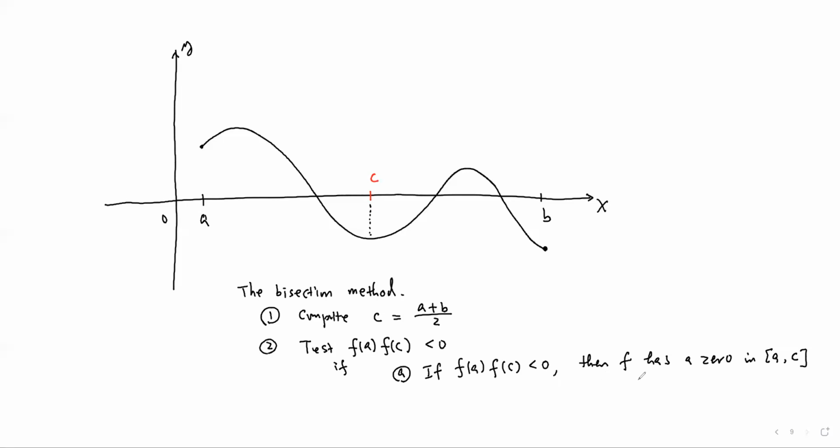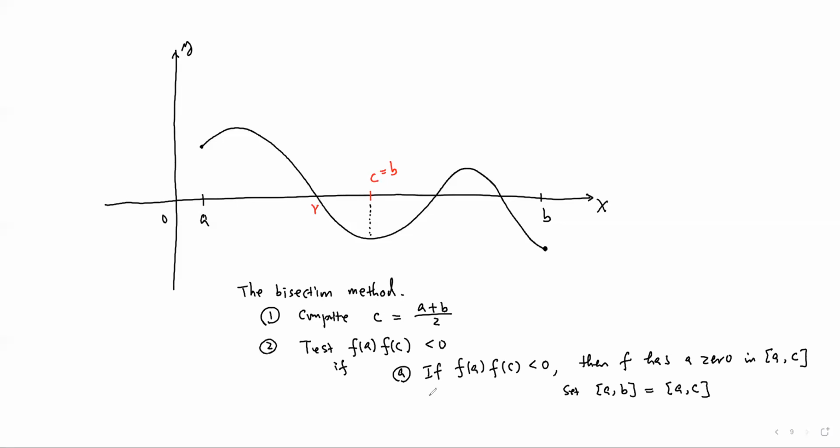Now we have interval AC. Set the new interval AB to AC. We rename this point B. Then we have a new AB, smaller, but still containing a root, a 0.